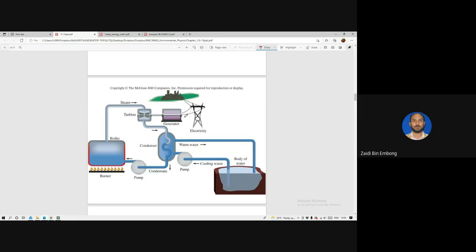That's called energy transformation. I repeat again: the heat energy transforms to mechanical energy, and mechanical energy transforms to electrical energy.